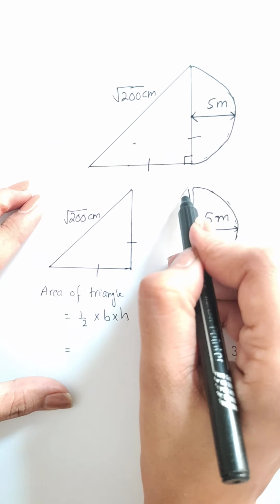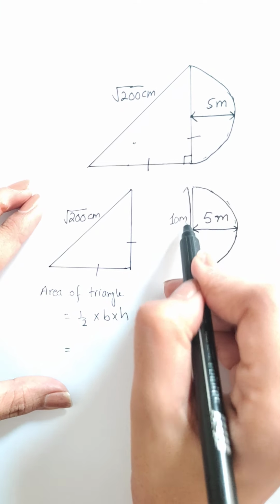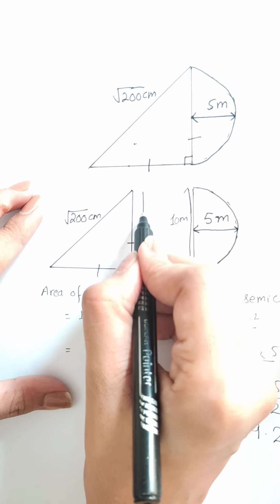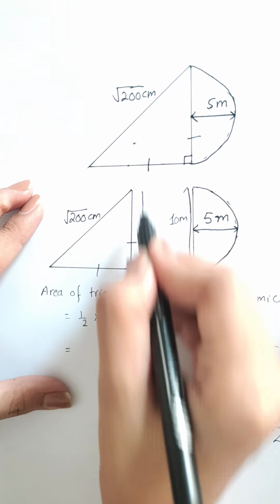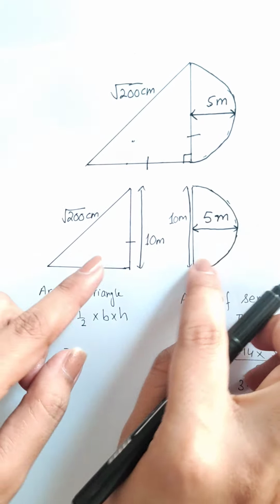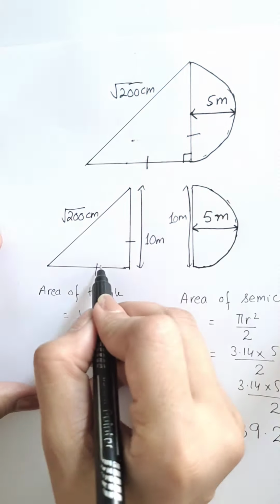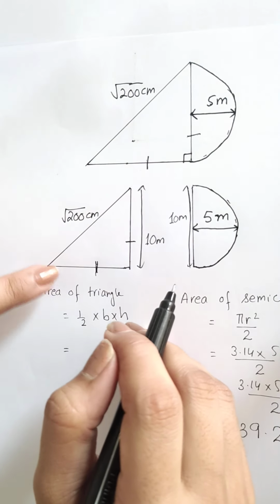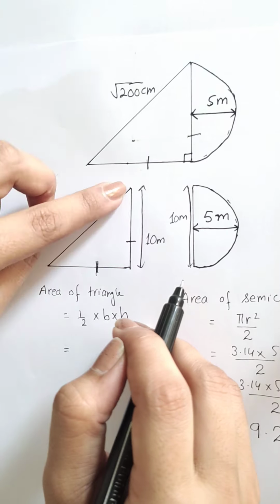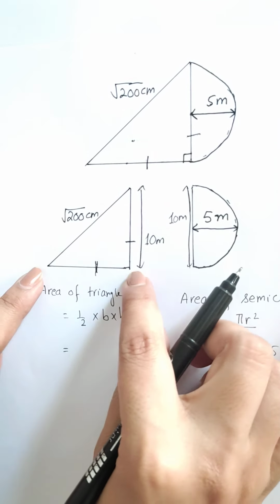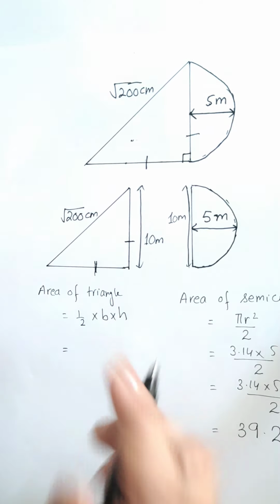The diameter is 10 meter. So the length of this side of the triangle is 10 meter. This is the height, and the height of the triangle is also 10 meter because both are the same in measurement. And these two lines, which are given in the question, show that both lengths are equal. If this is 10 meter, this is also 10 meter because it is an isosceles triangle.